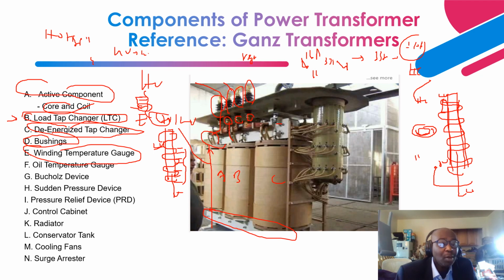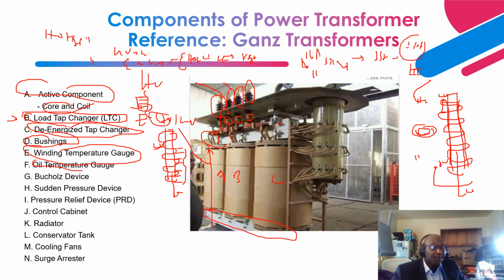So a dedicated CT is mounted, most often than not, let's say, in phase B. That measures the load current, and that load current is connected to a heater to build up the corresponding heat in terms of temperature. Then after that, a gradient is added to it to achieve the hotspot. So that is how the winding temperature gauge basically provides an indication of the hotspot temperature inside the transformer.